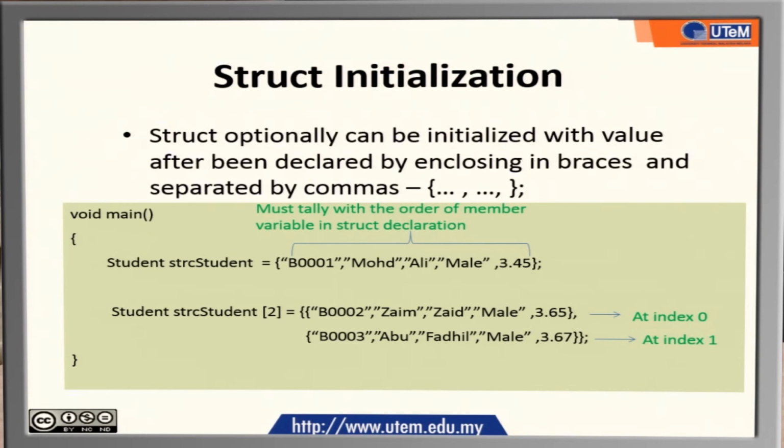After the comma, you have another curly bracket, which means the next index, index 1. So starting from that curly bracket is all the values of the second index. Also, the values must tally with what you declared previously. You cannot have different data types switching between the values.